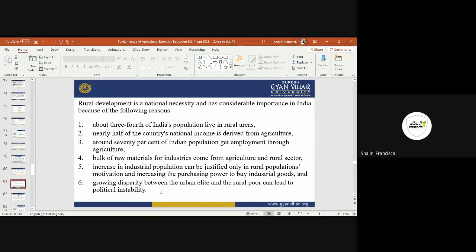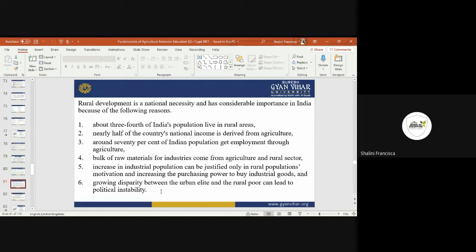Then a growing disparity between the urban elite and the poor can lead to political instability. If the urban people get a lot of money and become rich, and the village people or rural areas become poorer, then there will be a great disparity between them.